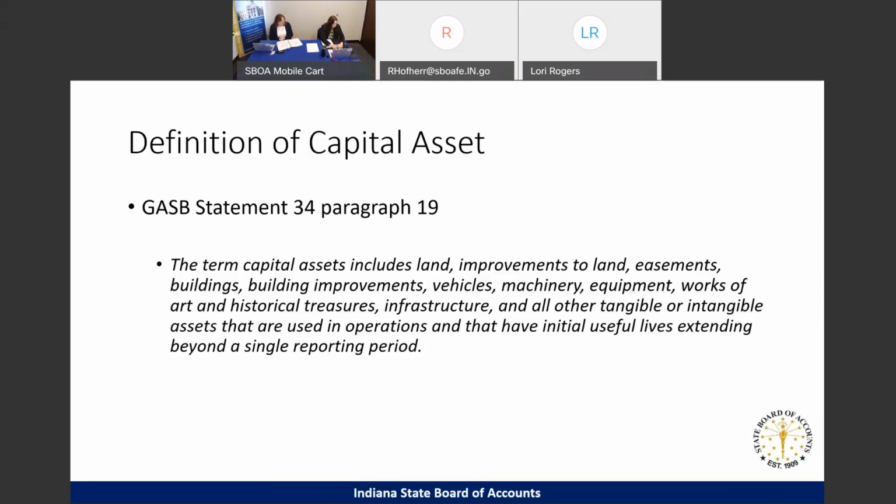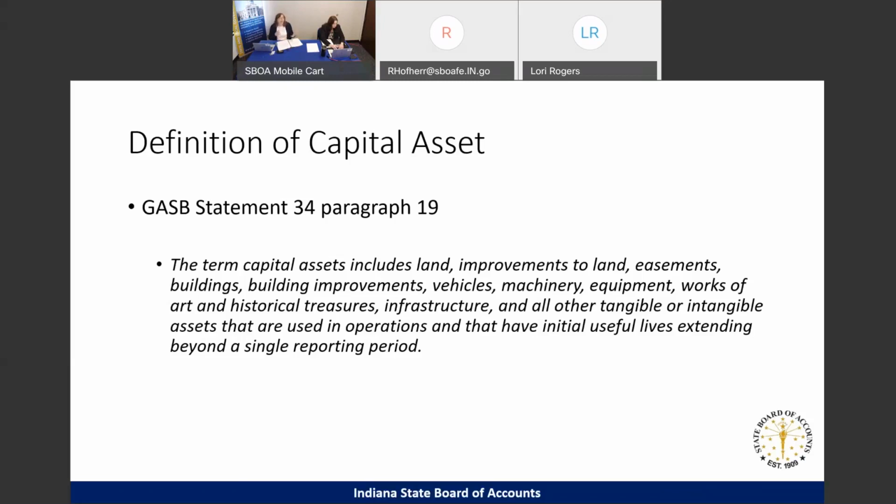Now your capital asset, that is really an accounting concept. It is a deferral of cost over several accounting periods so that the costs are better matched to the period of time that they're being used. And if you participated or watched the session that we did on property taxes receivable, we talked about one of the differences between GAAP and the regulatory reporting is that concept of matching your expenses or your revenue to the time period where your expenses are actually incurred and your revenues are actually earned.